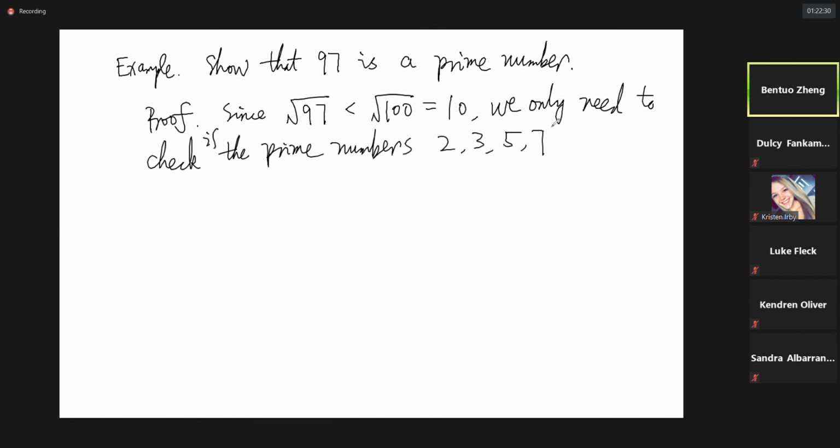Check if the prime numbers 2, 3, 5, 7, all of those are less than 10, are divisors of 97. Okay. So now it is clear it is easy, a simple computation.